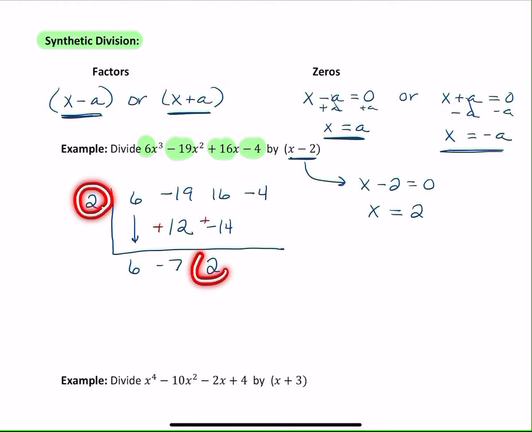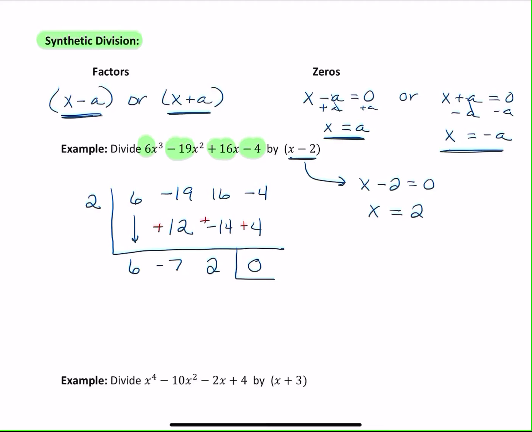Then multiply again, 2 times 2, and put that answer in the next spot. So I've got 4, and then I'm going to add one more time, and I get 0. Now the last number is your remainder, so put a little box around it so you know it's the remainder.